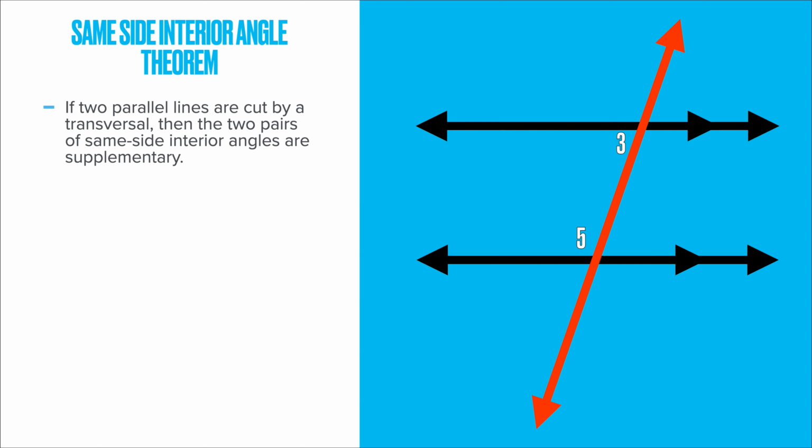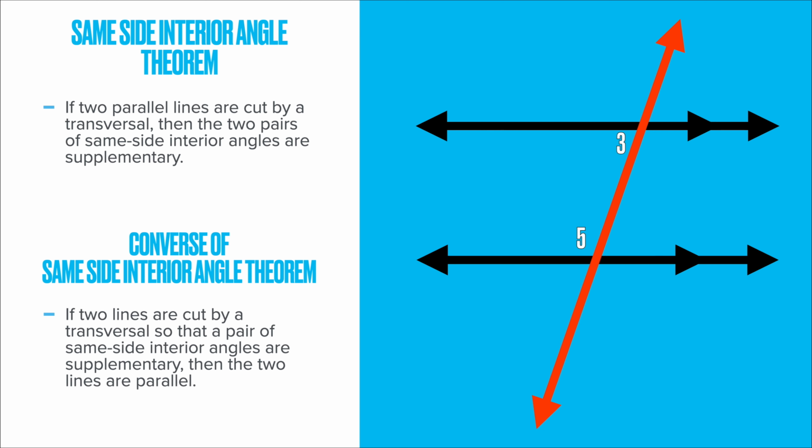But it can give you hints to understand it better. Whereas alternate exterior or interior angles looked like they were both acute or both obtuse, same side interior, or as we're about to see, exterior angles, one looks acute and the other looks obtuse. So now let's go to the converse. The converse, as you might expect, is if angles 3 and 5 are supplementary, then the lines are parallel.